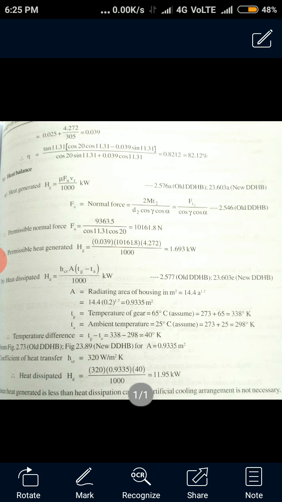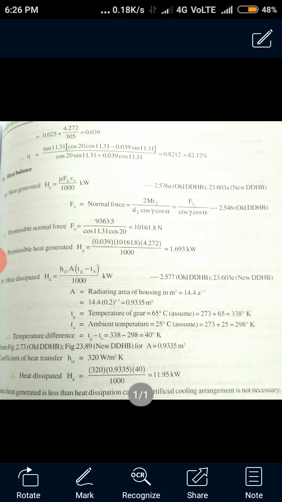Next, the last parameter, heat generated and heat dissipated. So heat generated is given by equation 23.603a, that is Hg equal to mu Fn Vr by 1000. Fn is again given by Ft2 divided by cos gamma cos alpha. These formulae are not in the data book, you have to remember them, and some other formulae also.